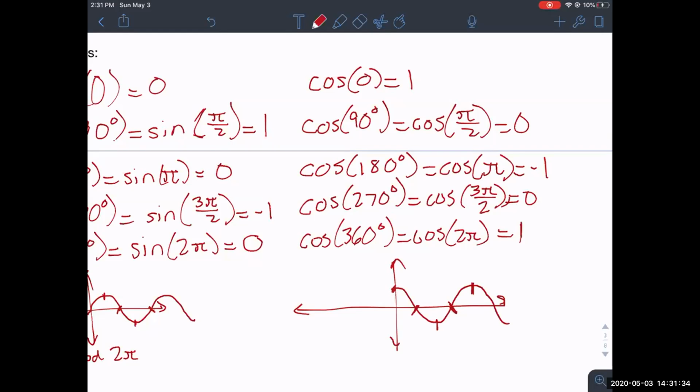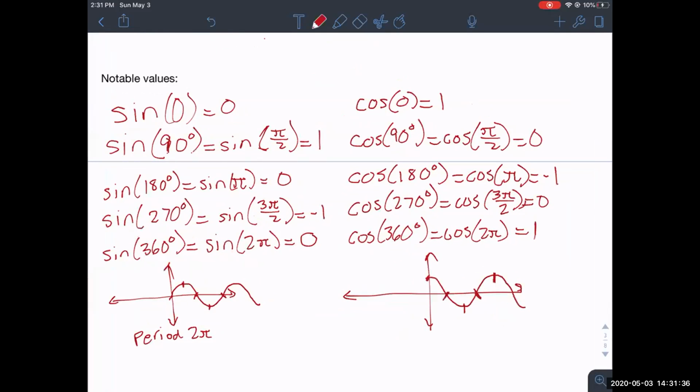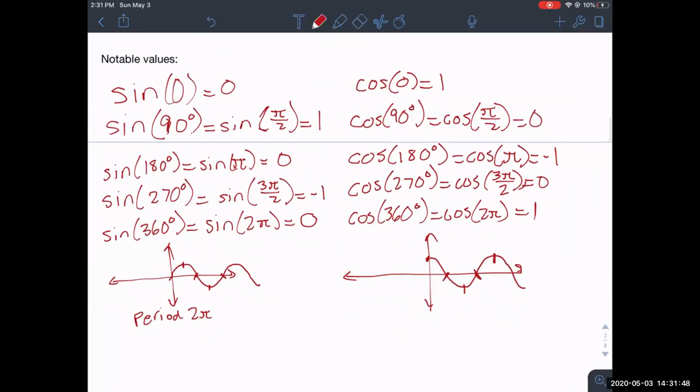See if you can use this to determine the really important values for tangent. And since we're running a bit low on time, and I really do want to get to the questions, just for fun, write these down.